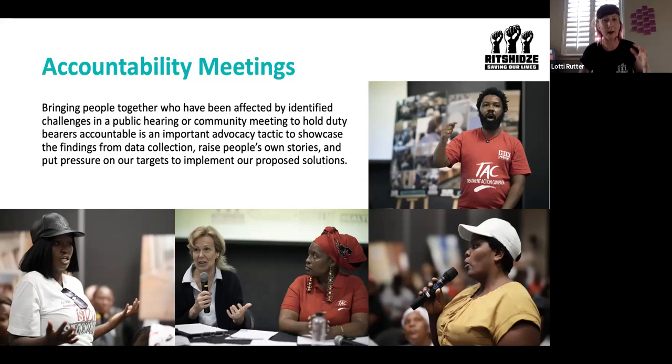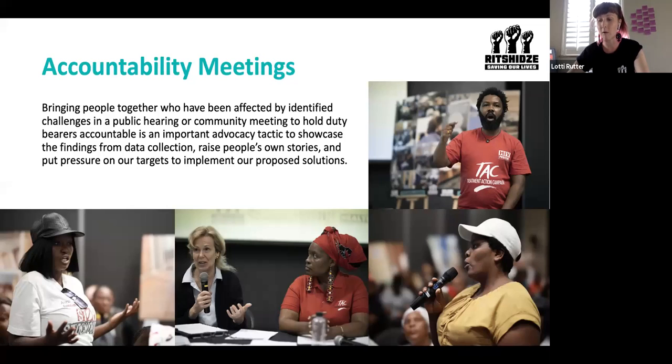And so by organizing an accountability meeting where you have in the room community members affected, and you have in the room decision makers or duty bearers who have the means to change those challenges, and by presenting the data and then hearing people's stories straight afterwards that directly relate to those data challenges, it is a very useful advocacy tactic that raises people's voices, and it puts extreme pressure on the targets to address those challenges.